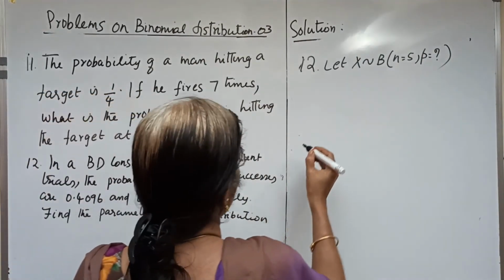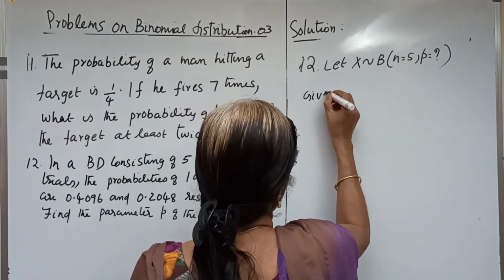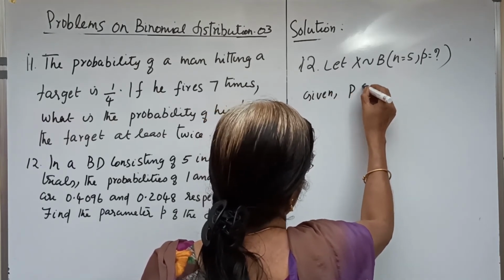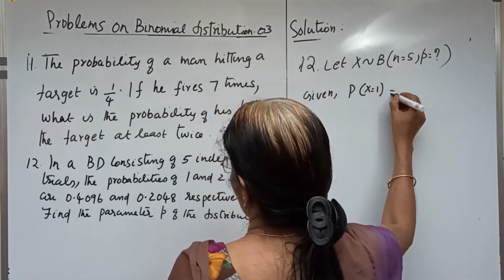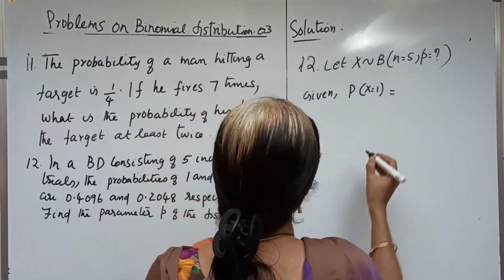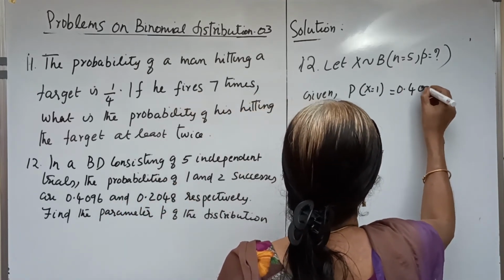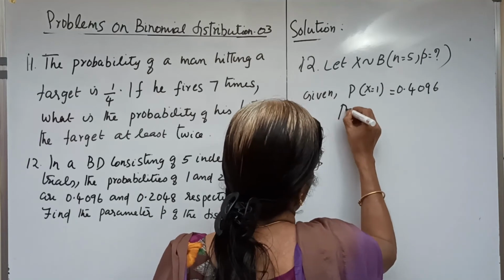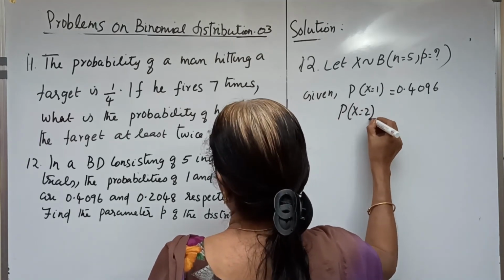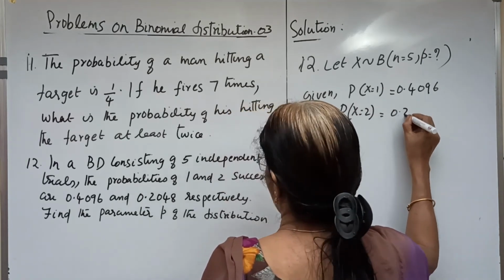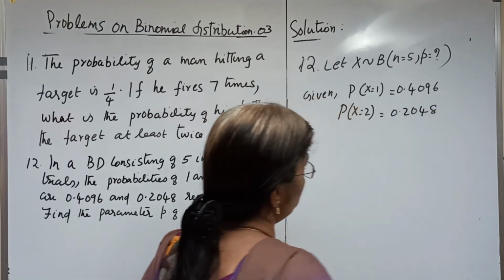You are given probability of 1 and 2 successes. That is p of x equal to 1 is equal to 0.4096 and p of x equal to 2 is equal to 0.2048. Okay.